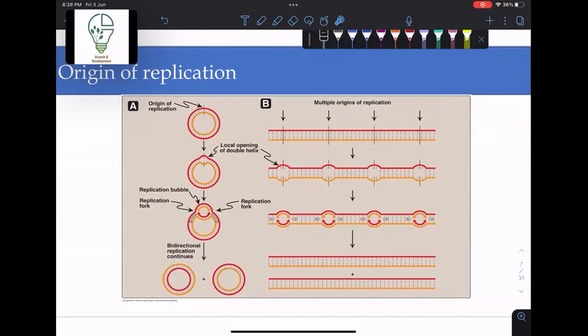Once they begin to uncoil, that is the start of your replication. Certain enzymes are going to come and attach here and here, and then they'll start reading the DNA molecule in both directions, like this, okay?